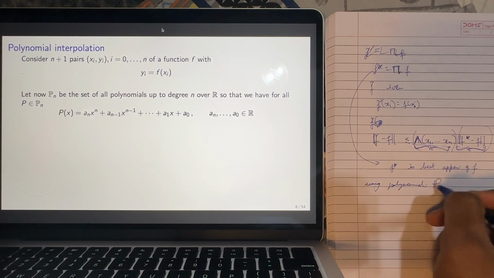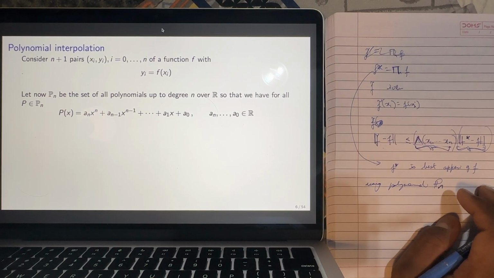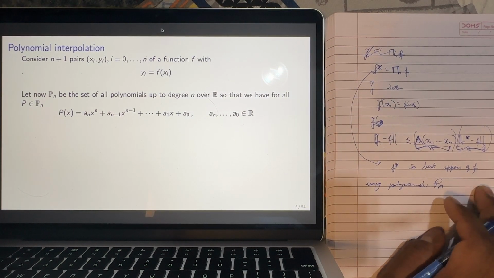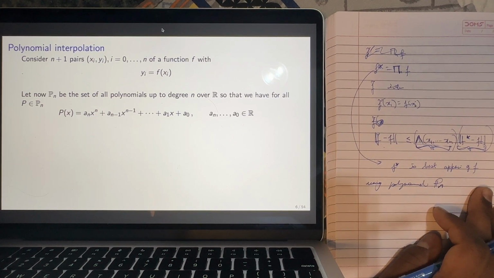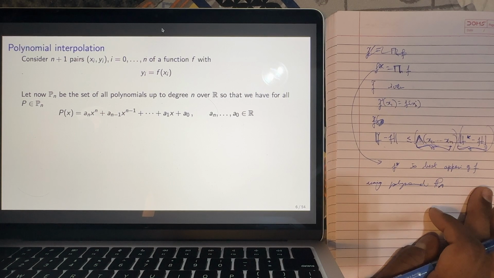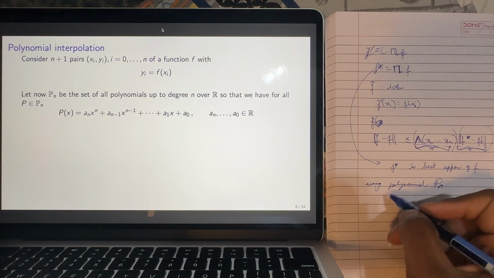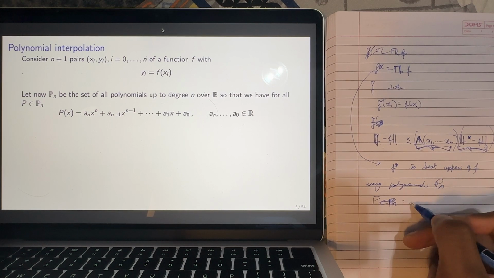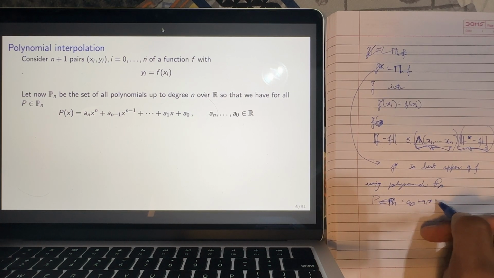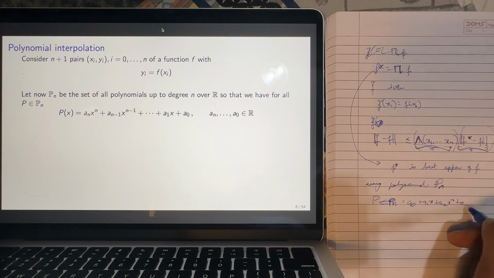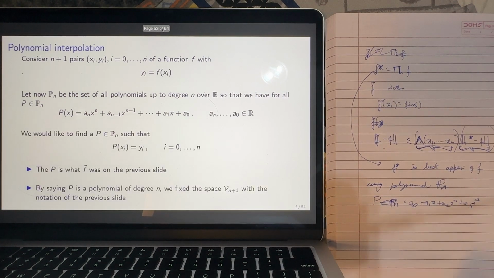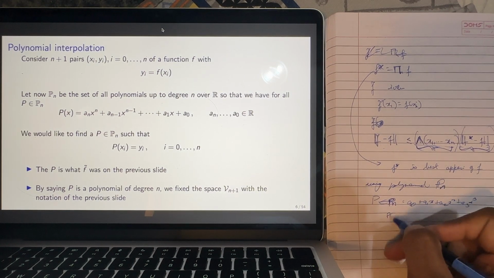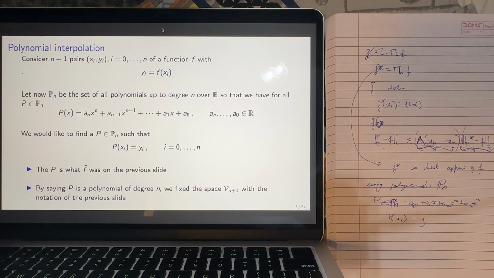Pn is the space where we are projecting our main function to: the set of all polynomials up to degree n over R. So for all p belonging to Pn, we have p of x equals a0 plus a1x plus a2x squared plus a3x cubed, etc. We would like to find p belonging to Pn such that p of xi equals yi.